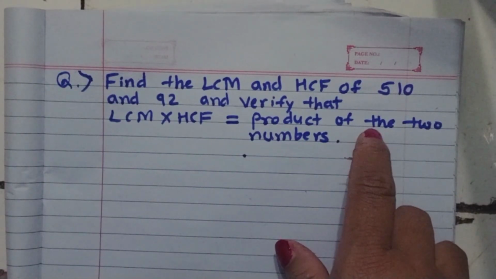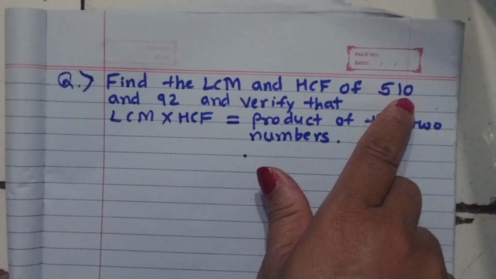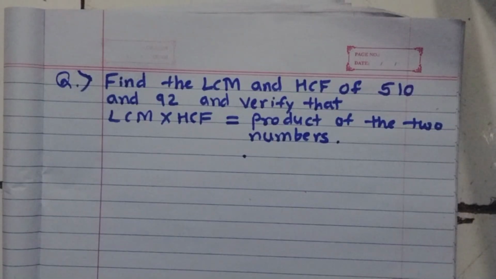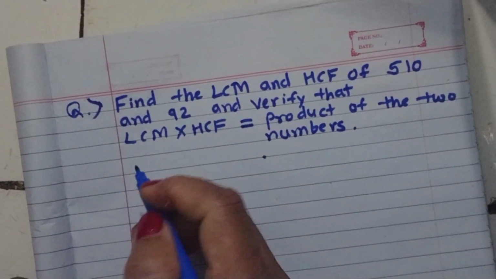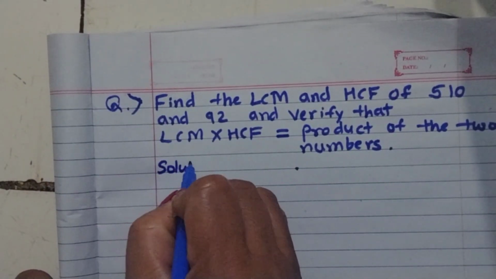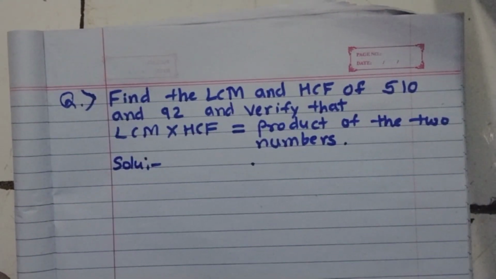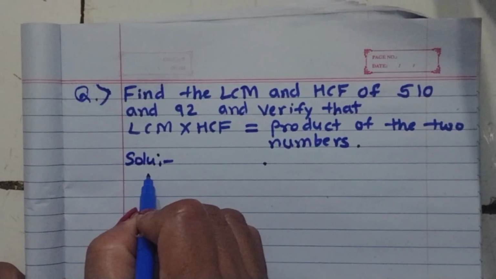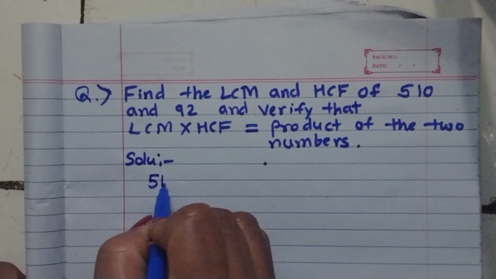So to find LCM and HCF of 510 and 92, we use the prime factorization method. So we write here solution. Now we do prime factorization of 510.